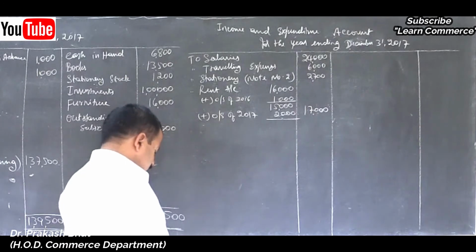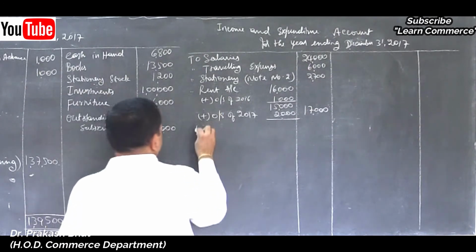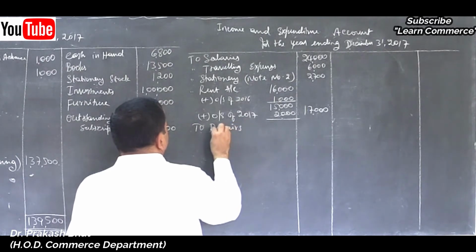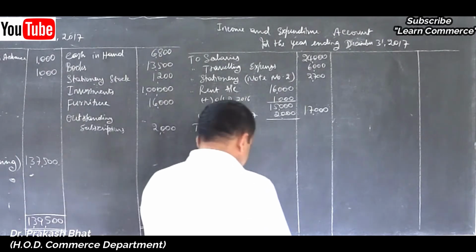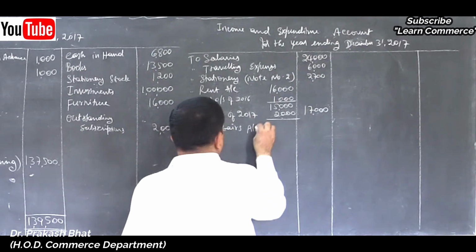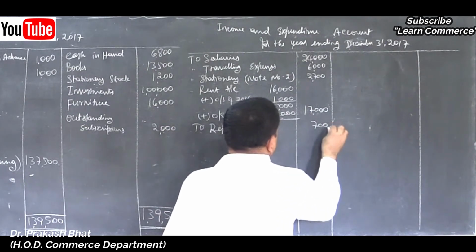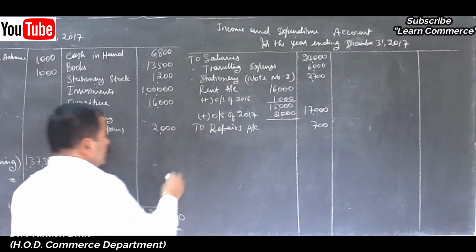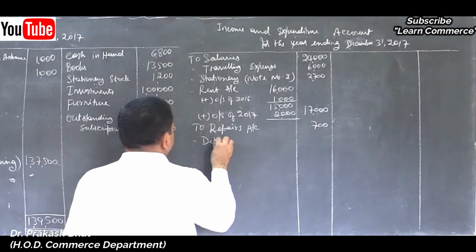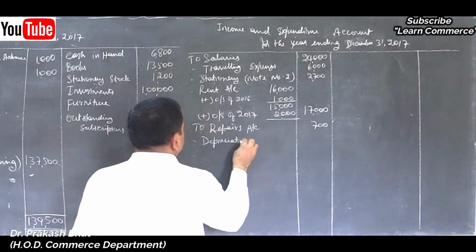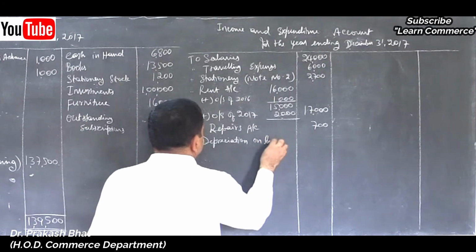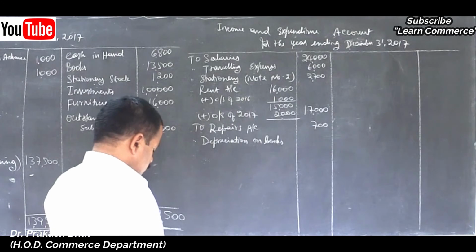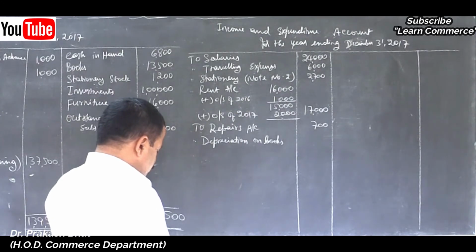Yes. Then repairs, 700. Then depreciation on books.